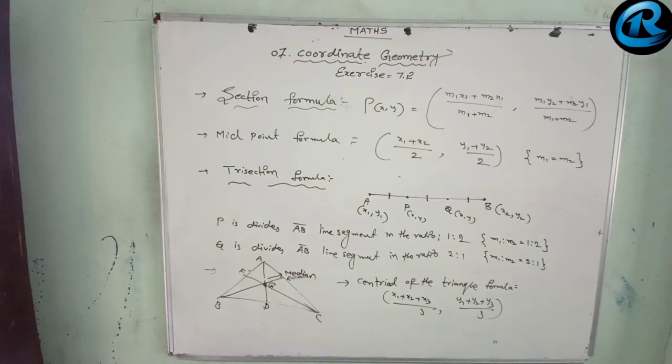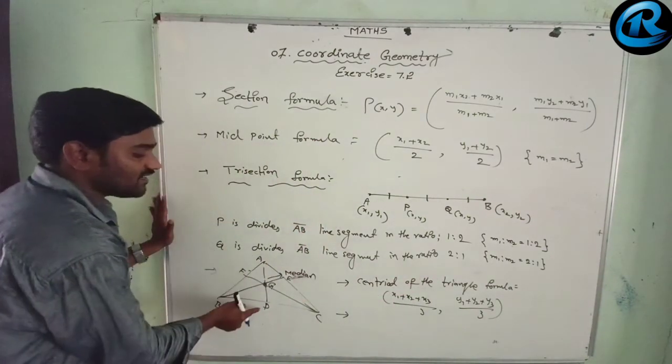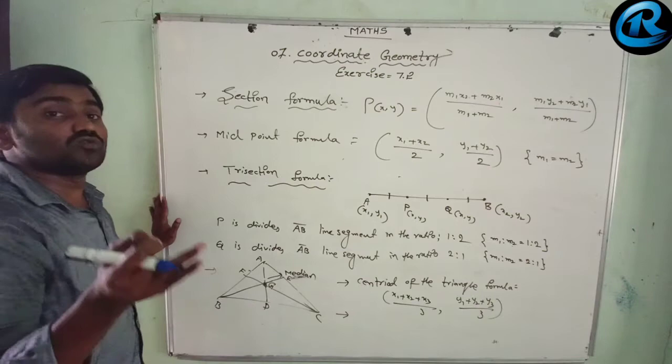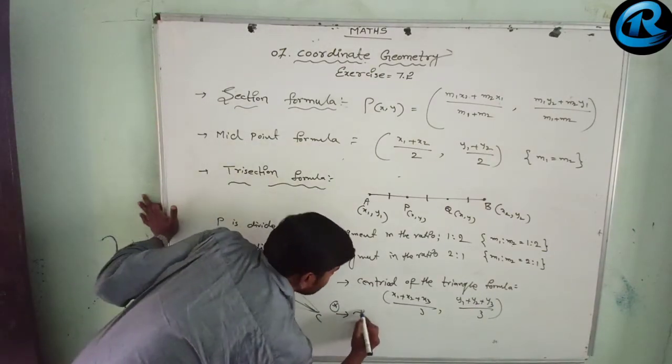G, you remember. And next point here, the centroid always divides the median of the triangle in the ratio 2:1. You could call it a very important point.